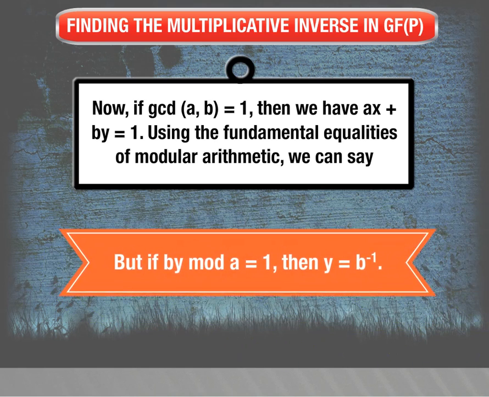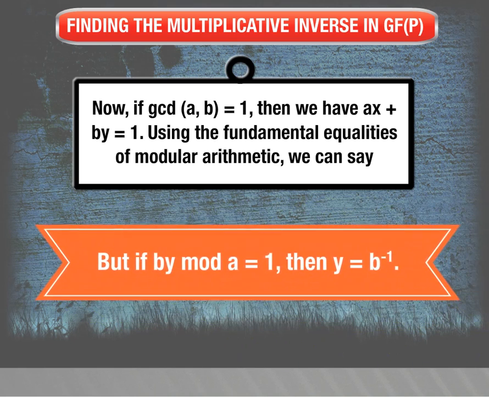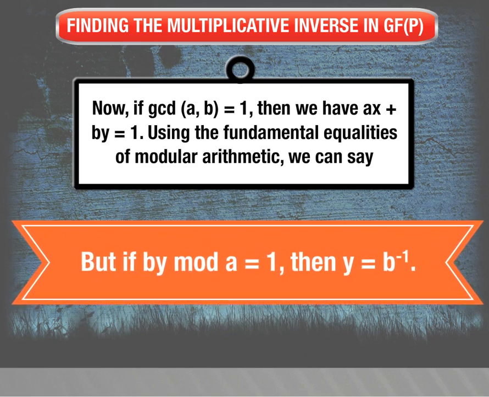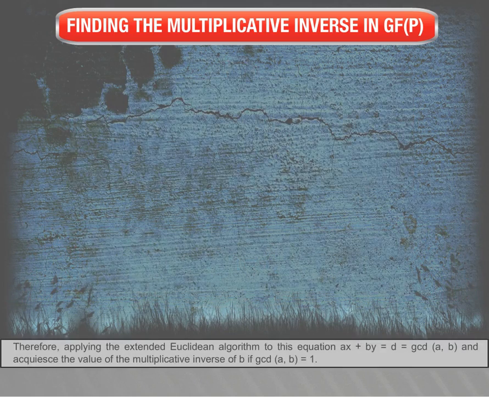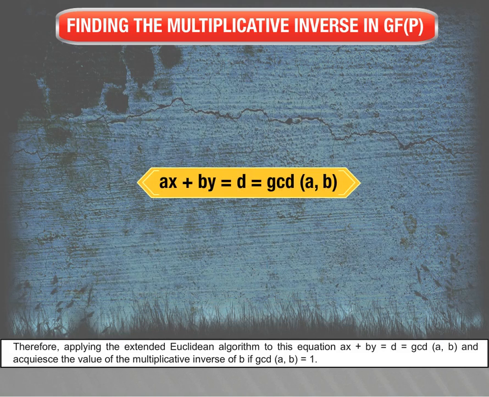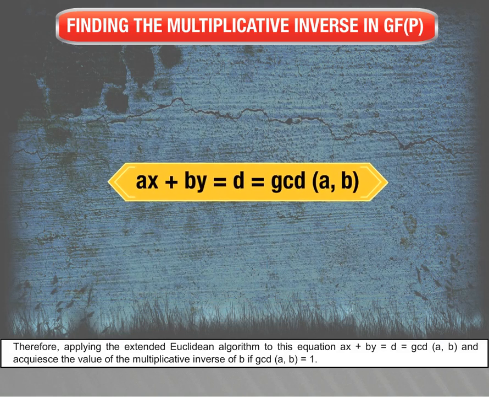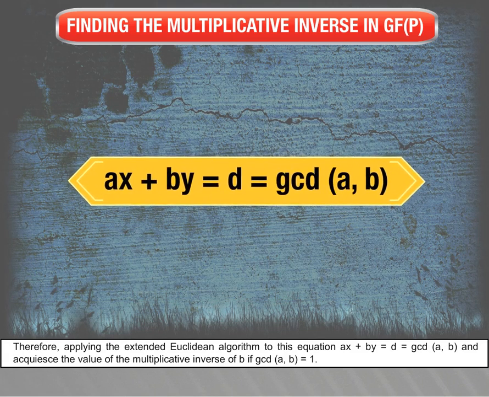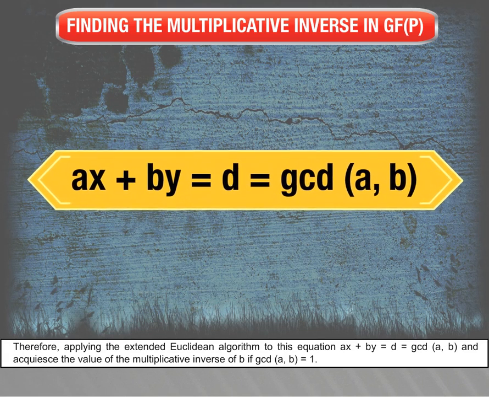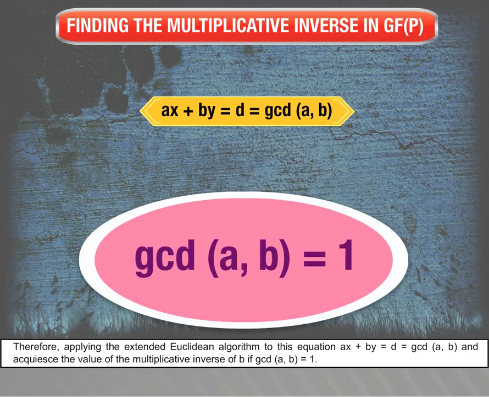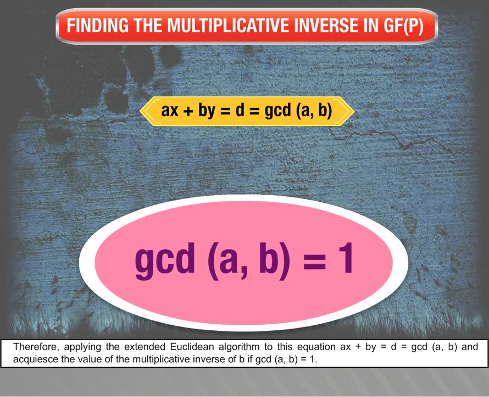But if By mod A is equal to 1, then y is equal to B inverse. Therefore, applying the extended Euclidean algorithm to the equation Ax plus By equal to d, equal to GCD of A, B, yields the value of the multiplicative inverse of B if GCD of A, B is equal to 1.